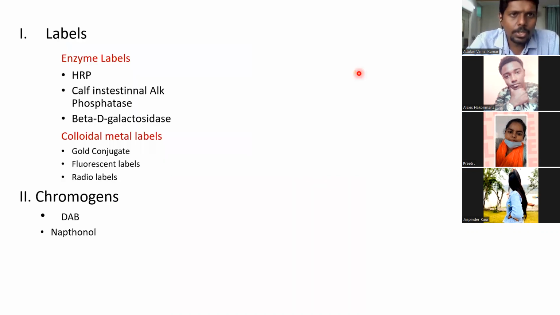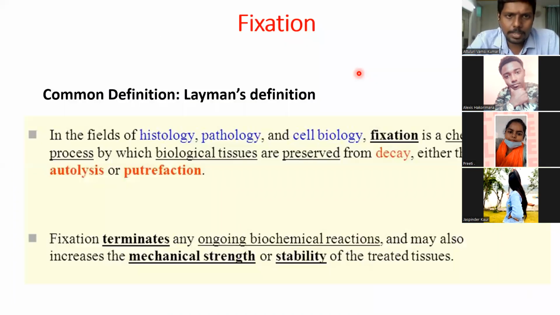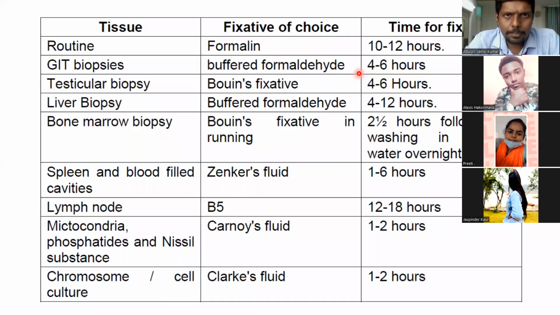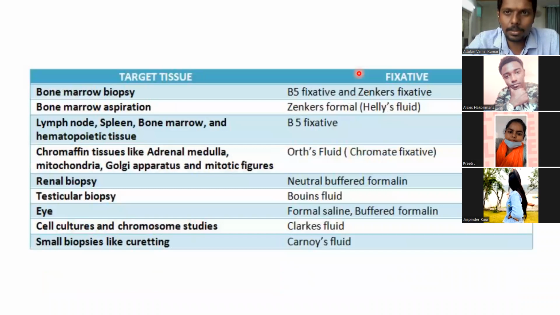We already discussed the importance of fixation and its principles, so I'm skipping this fixation part. We discussed briefly specialized fixation techniques like spray fixation, vapor fixation, and freeze drying, along with their types, classifications, target tissues, and fixatives.